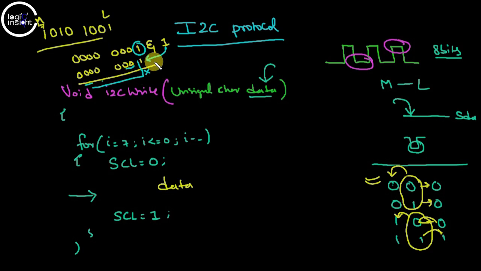Whatever the data is, suppose I shift this number 6 times. Then I get 0000 0010, and if I AND with 1, I'll get the result 0000 0000, which is 0. The rest of the bits are 0 because the upper bits are ANDed with 0, no matter what the number is.